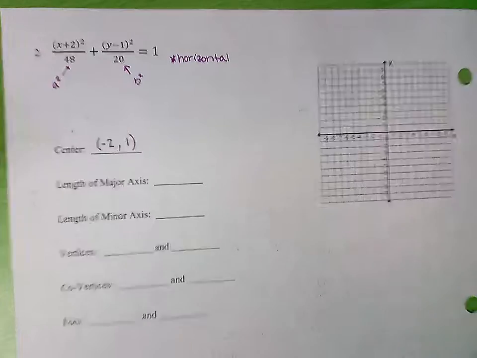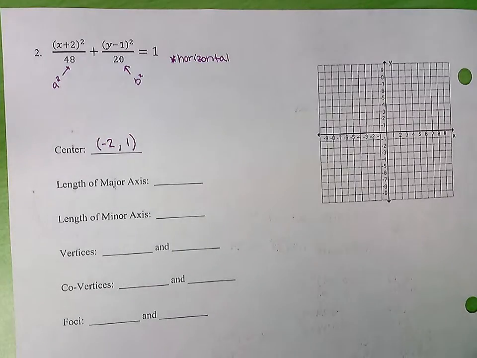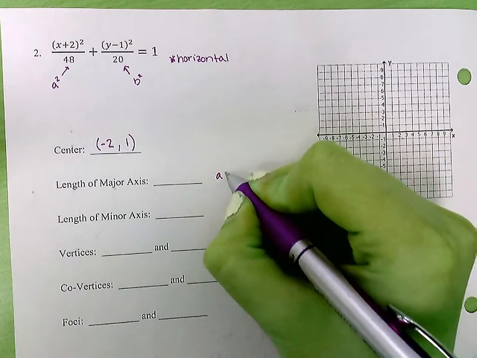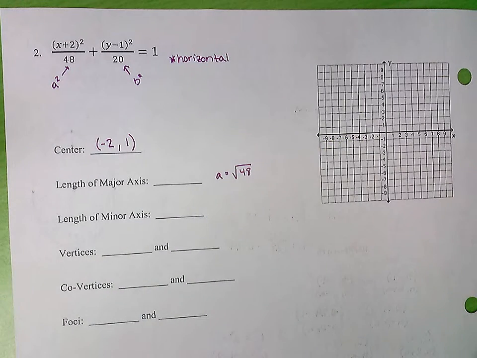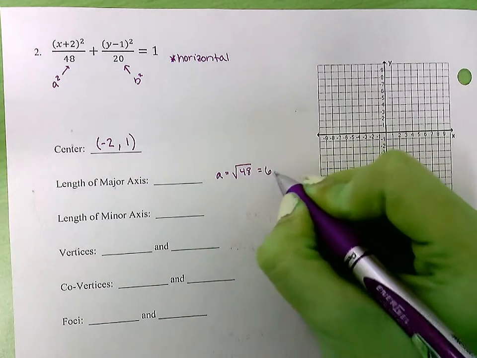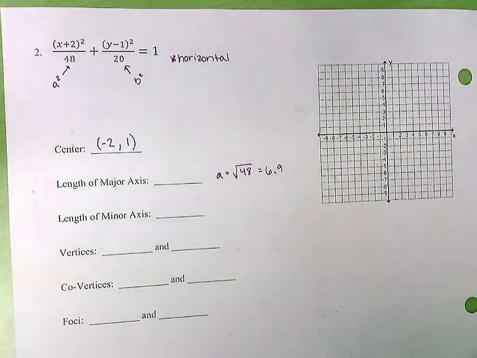To find your major axis, you need a. To find a, you're going to take the square root of that larger number. That is equal to 6.9.